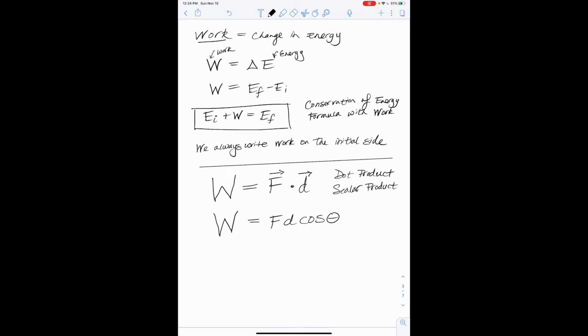Well, what we're trying to say is that by doing this, work is a scalar. And by saying scalar, we're saying that work has magnitude but does not point in three-dimensional space.